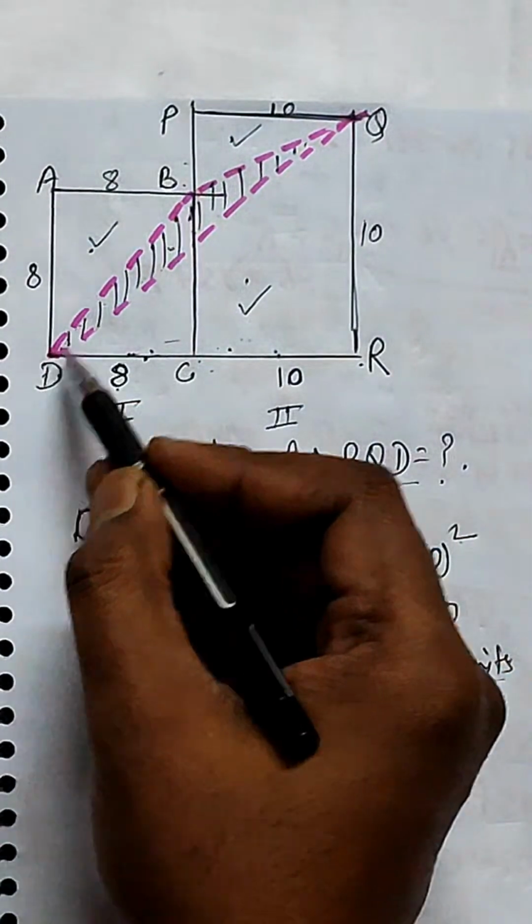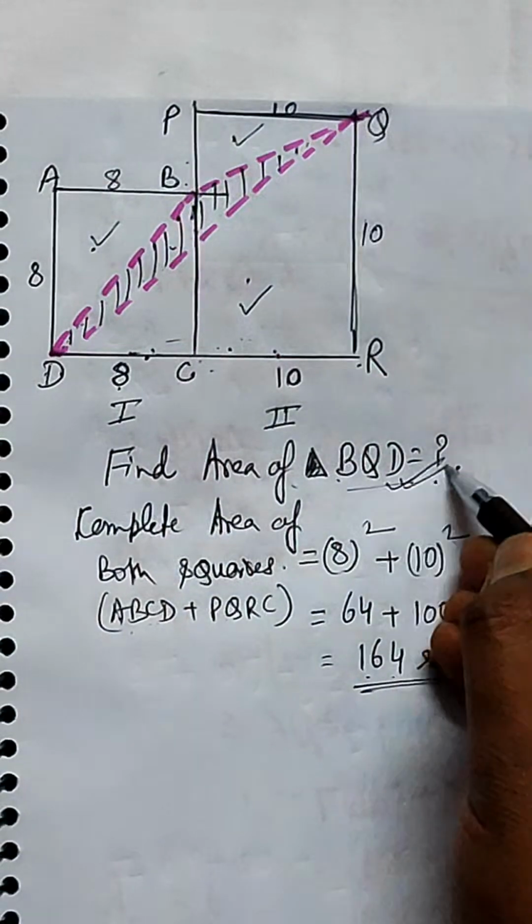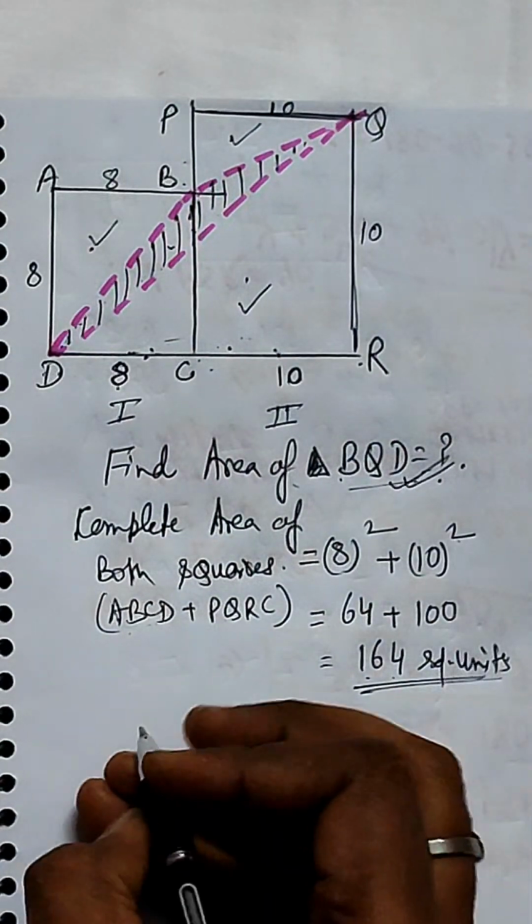Now, to find the area of the triangle BQD, what will we do?